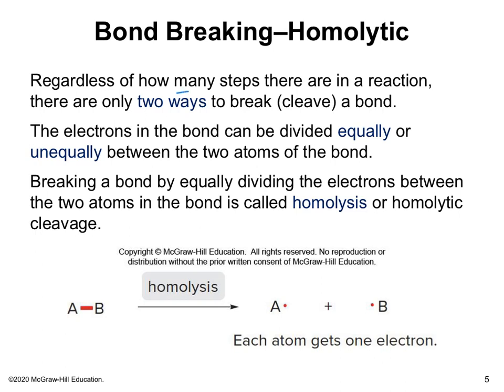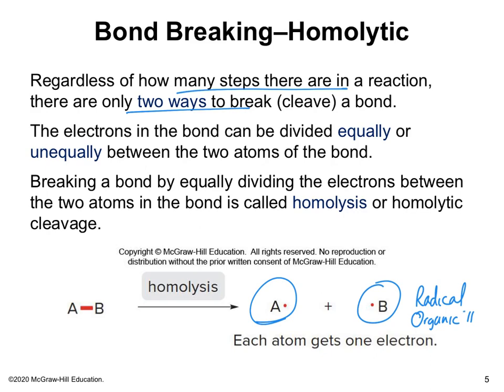So regardless of how many steps there are, there are only two ways to break a bond. You can have homolysis, with one electron to each atom. This is radical reactions. They generate radicals. That's called a radical intermediate. This is going to be organic 2, so we won't talk about homolytic cleavage. We will do heterolytic cleavage.